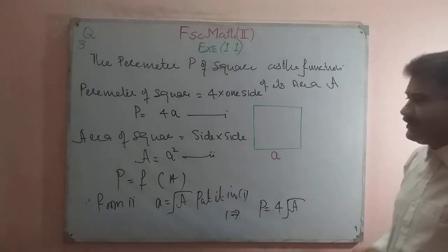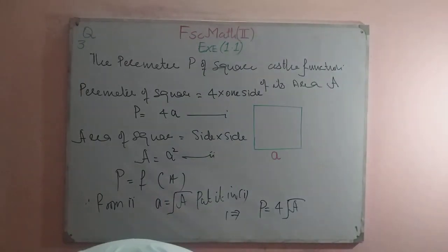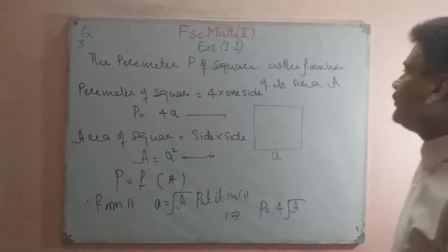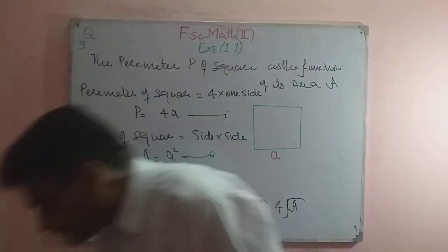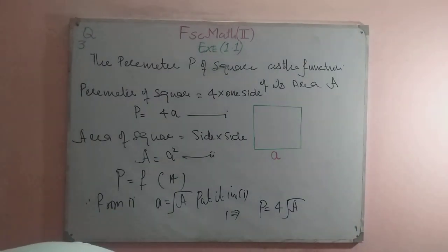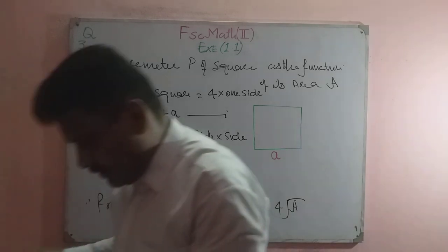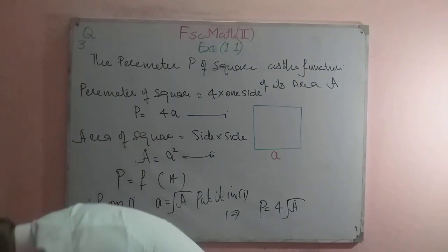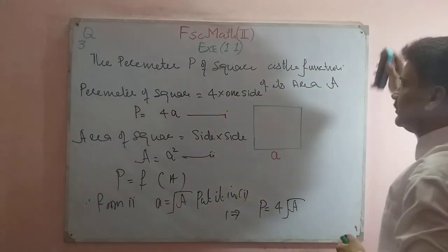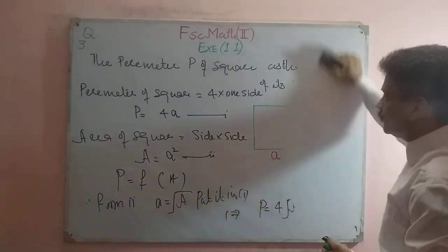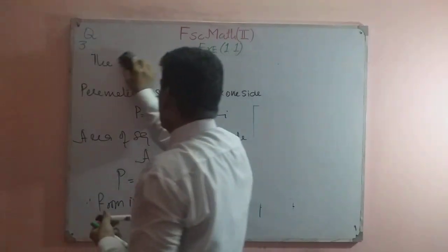In the second example, we have to show the circumference of a circle. We have to show the area of a circle as a function of its circumference. We will solve the second part of question 3.